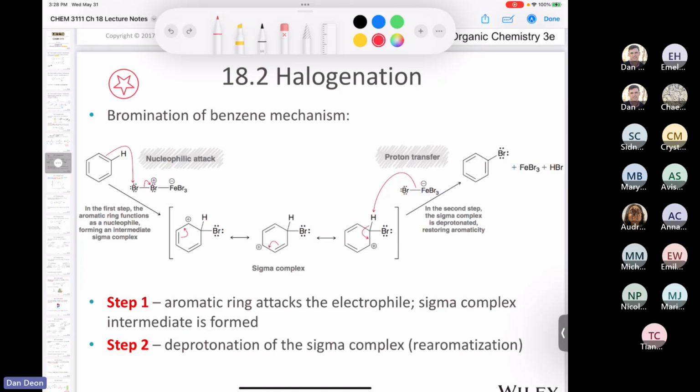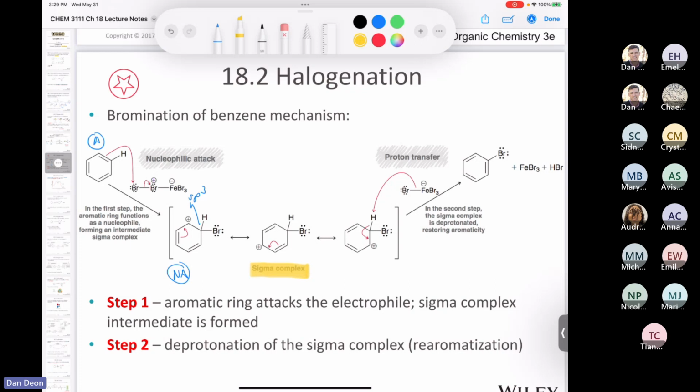Okay, and then we destroyed the aromaticity of the aromatic ring, didn't we? It's not aromatic anymore because this carbon is sp3 hybridized. So we've gone from an aromatic ring to a non-aromatic ring, and it's got a positive charge, and we call this the sigma complex. You're going to see the sigma complex about 10 zillion times in this chapter, and you can see that the sigma complex has a bunch of resonance contributors here.